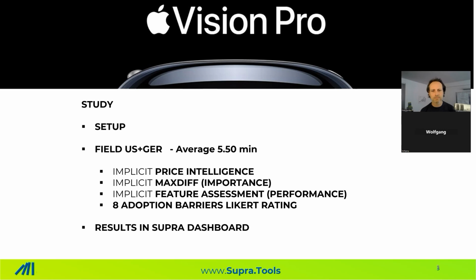And the last point is the 8 adoption barriers. These are barriers from scientific research, which are general for any new products, like is it useful? Is it unique? Do I trust it? And so forth. You will see that. That's a simple Likert scale of 8 adoption barriers.